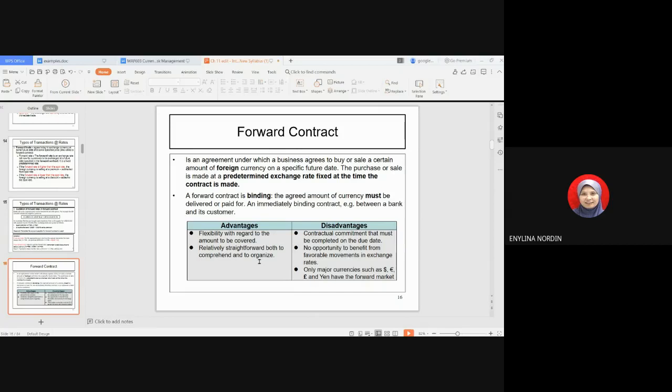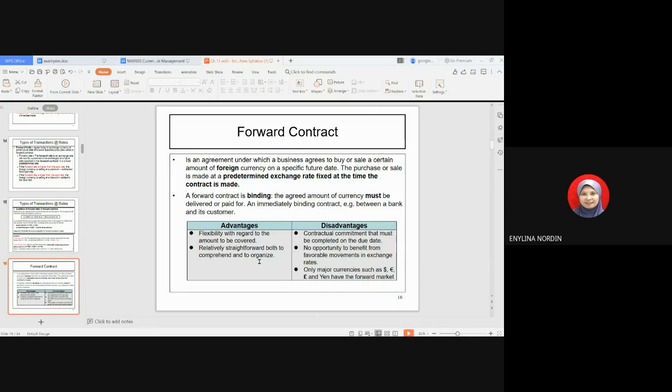So the company enters into the forward contract and locks in today's exchange rate. Maybe they use today's exchange rate as the rate that will be used in future. So you lock the spot rate to be used in future.